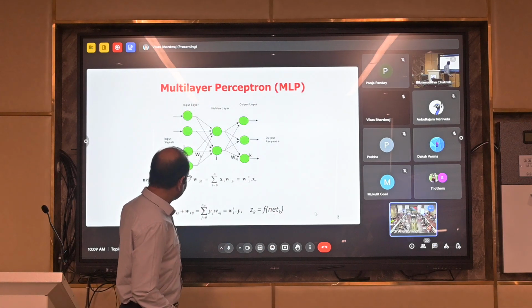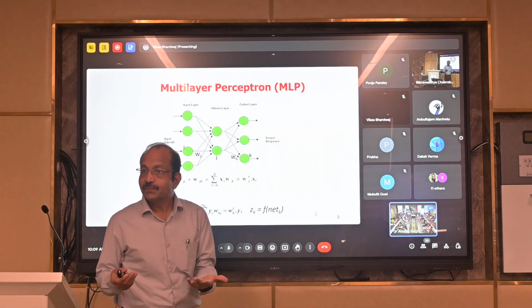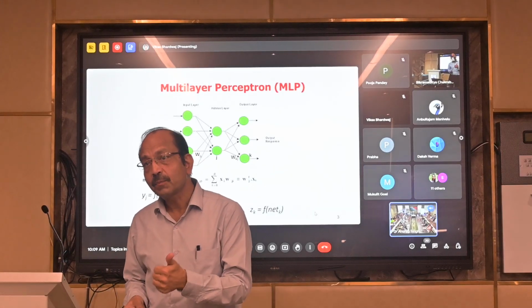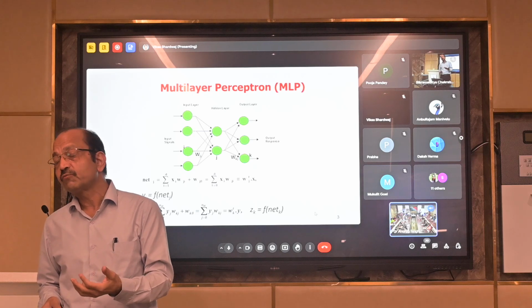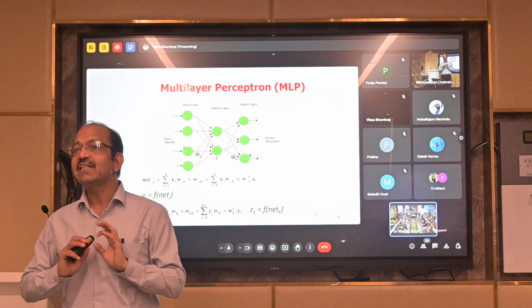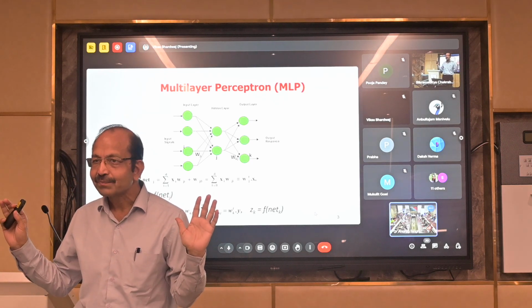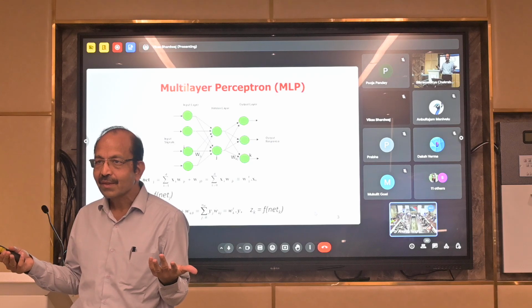Let's say this is net of k. What is the output? Again, it depends upon which function you are using. I can use g of net k, which is some different function.